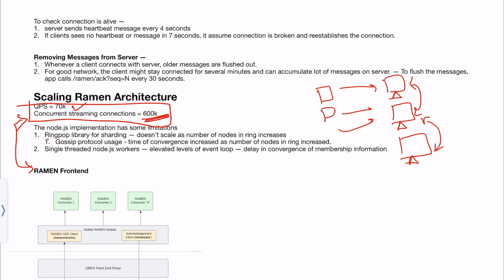Now, this Ringpop library, which is being used for sharding, doesn't scale as the number of nodes in the ring increases. Why? One of the reasons is the use of the gossip protocol.